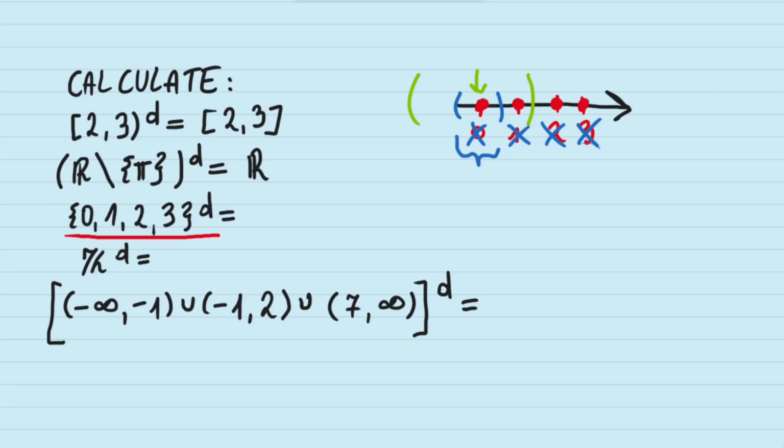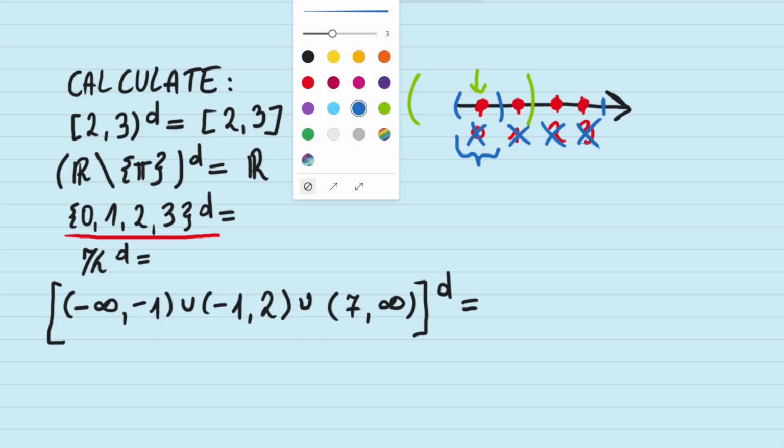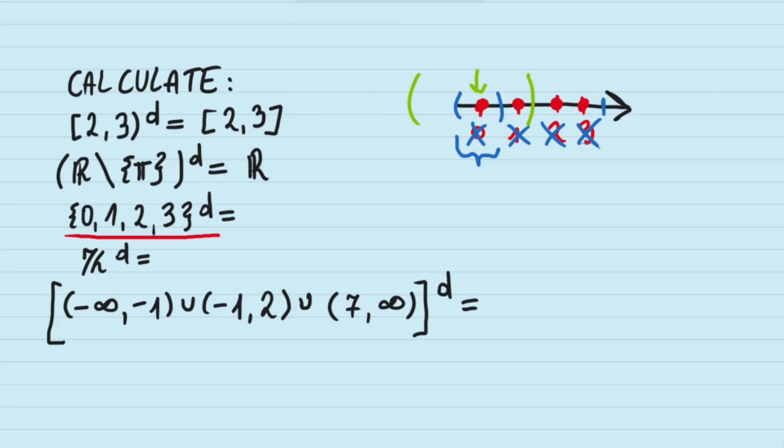And similarly, none of the points outside, besides 0, 1, 2, and 3, are the limit points of this set. Because if we take anything outside of these 4, let's say something here like 3.5 or something, we can again easily see a neighborhood that contains none of the elements from this set.